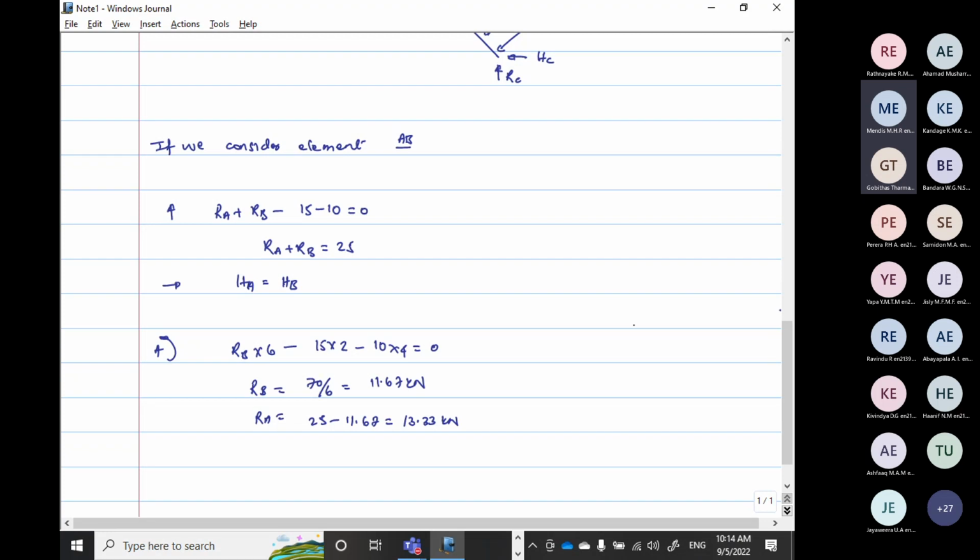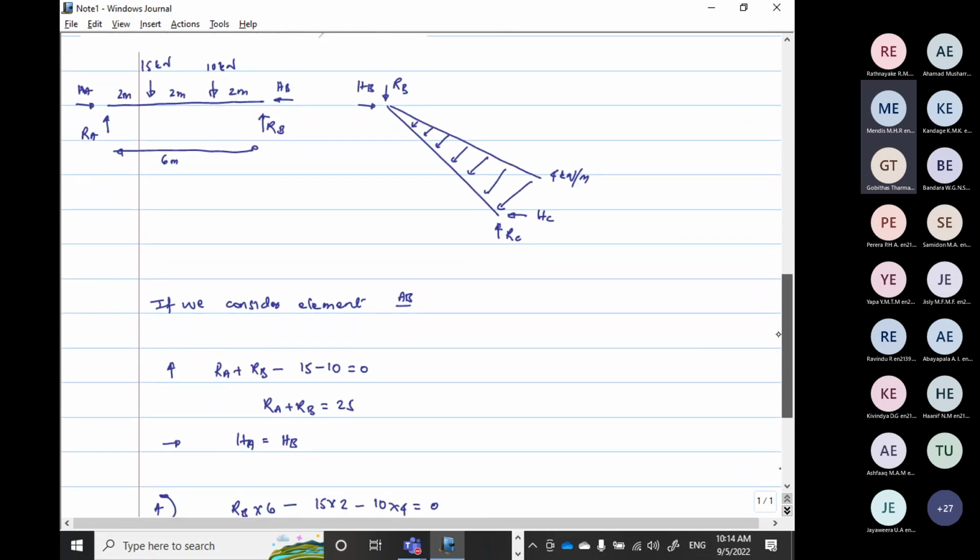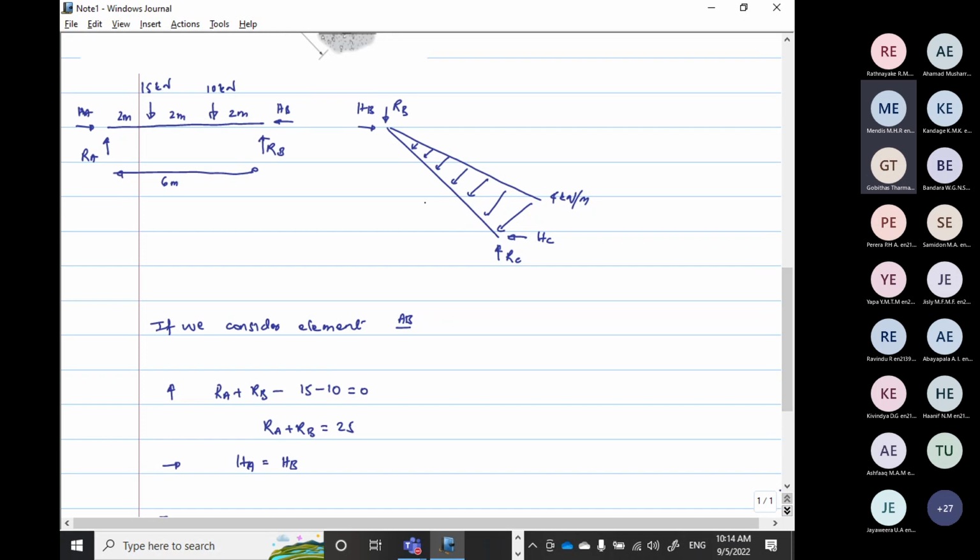Now we need to get the equilibrium of BC and again find the reaction RC. Okay, so if I consider element BC.